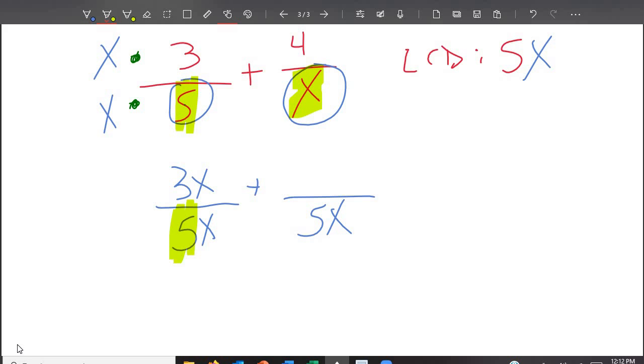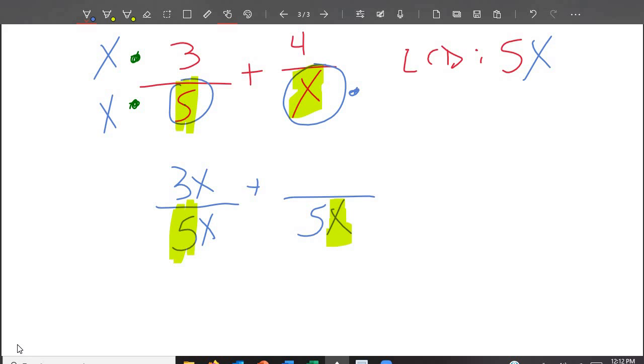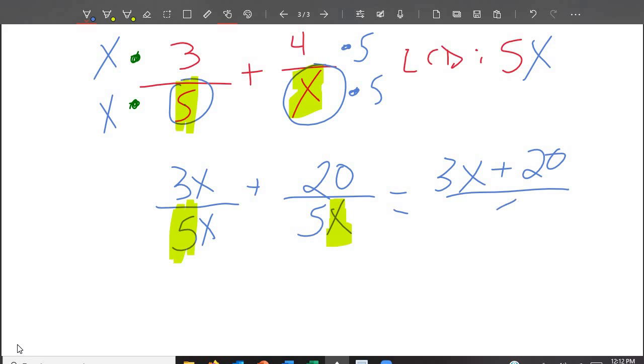I'm going to highlight the x because that was the original. So that means we've got to multiply this fraction by 5. So this one was a 5, then it needed to be a 5x, so we multiply by x. This one needed a 5x. It had the x, so we multiply by 5. Once we get the common denominator, then we just add the numerators. This would be the common denominator.